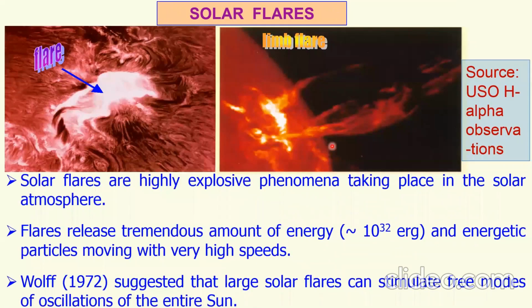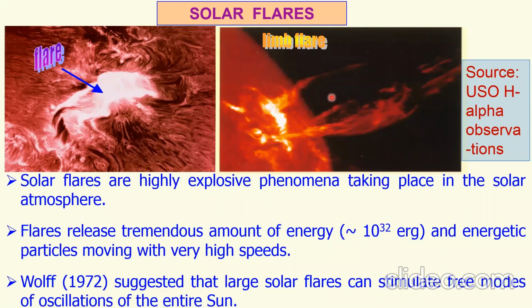So I would like to discuss in brief about the solar flares, first, because the topic is concerned with the solar flares. This picture is showing you the burning of gases in the solar environment, in the chromosphere, in a hydrogen alpha line during a flare, taken from US observations.